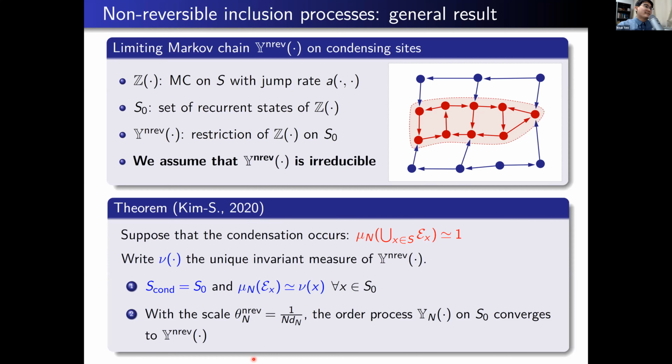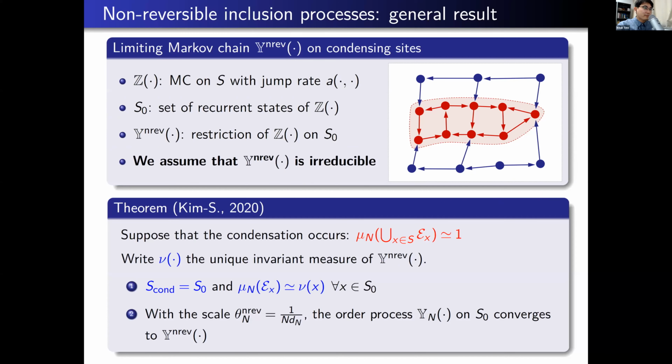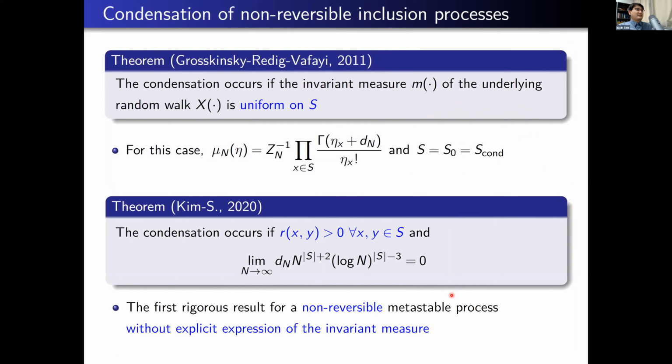Okay, so this is a complete analysis of metastable behavior when this has one irreducible recurrent component. But we still have to show that condensation occurs. That is the difficult part. So there are two types of non-reversible inclusion processes for which we can show the condensation of particles.